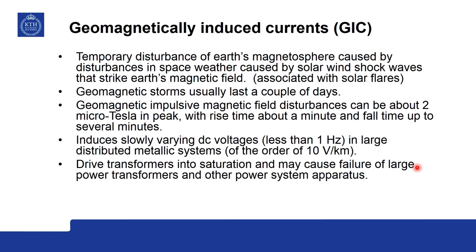These magnetic field disturbances are very small, only 2 microtesla at peak. It is quite small, with a rise time of about a minute and a fall time of up to several minutes. So, in terms of waveforms, it is more comparable with the E3 component of the nuclear EMP.